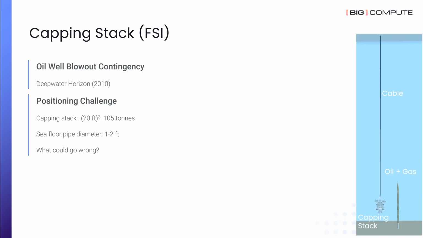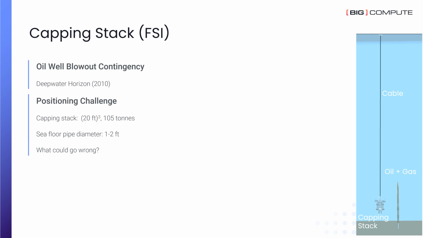A more perhaps interesting example of fluid structure interaction is the capping stack. On the right, I'm showing a picture of a capping stack, which is an oil well blowout contingency device. You may remember this from the Deepwater Horizon accident of 2010, when the wellhead was spewing oil and gas into the Gulf of Mexico for many months.